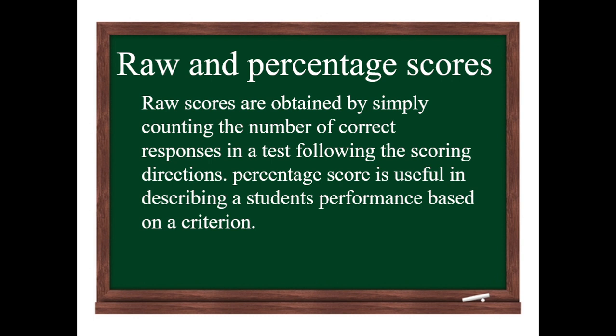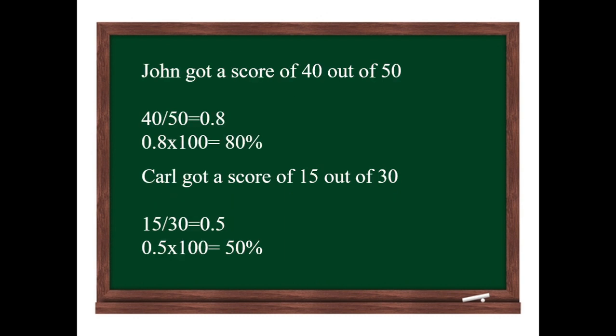So the percentage score is useful in describing a student's performance based on a criterion. However, the problem with raw and percentage scores is they do not provide adequate information about student performance. So here are examples of raw and percentage scores on how to compute.